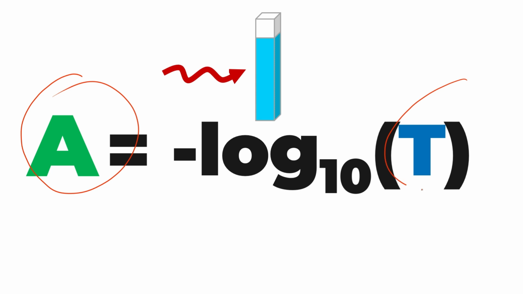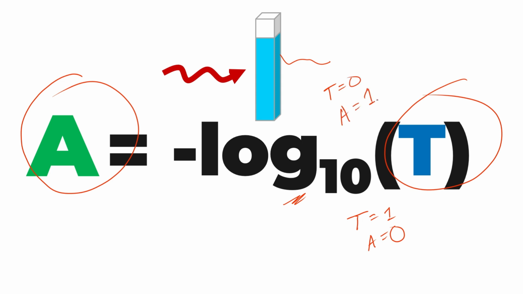T is transmittance, how much light passes. Absorbance is just transmittance on a log scale. If T is equal to 1, this means absorbance is equal to 0. If T is equal to 0, absorbance is equal to 1.